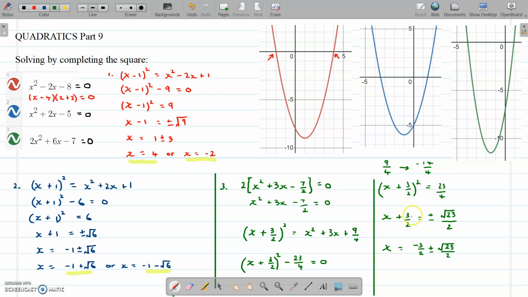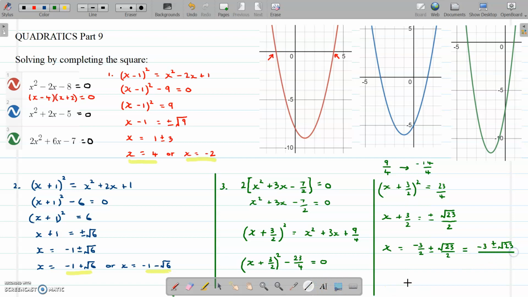So I would tend to write that, unless the question asked you to leave it like that, minus 3 plus or minus root 23, okay, all of that over 2, and that's a slightly neater way of doing it.